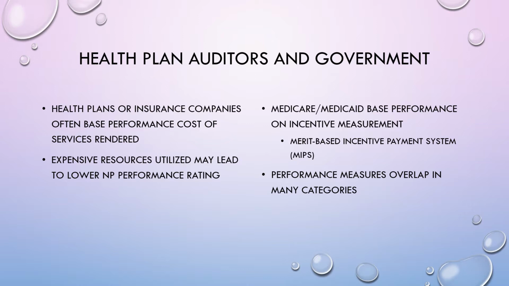Medicare and Medicaid are government agencies that assess the nurse practitioner's performance, and high performance is based on incentive measurements. Merit-based incentive payment systems are measures that the nurse practitioner has to meet or check mark within desired percentiles to have high performance ratings. Performance in these two categories overlap.